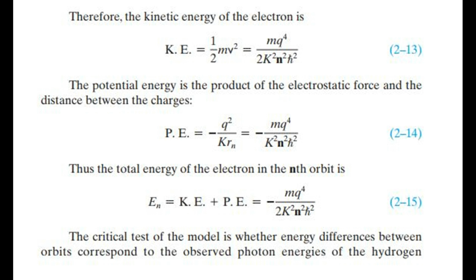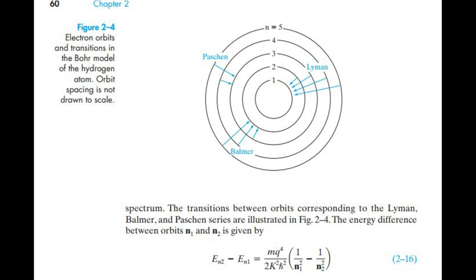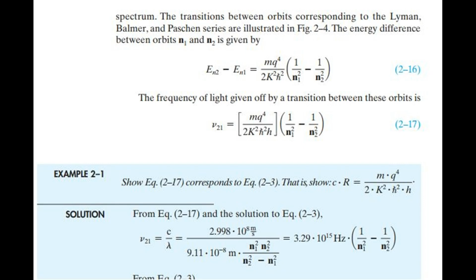The critical test of the model is whether energy differences between orbits correspond to the observed photon energies of the hydrogen spectrum. The transitions between orbits corresponding to the Lyman, Balmer, and Paschen series are illustrated in Fig 2.4. The energy difference between orbits n1 and n2 gives the frequency of light given off by a transition between these orbits.